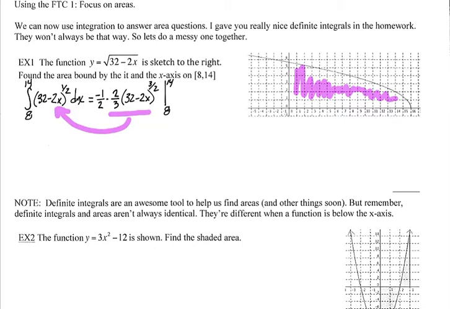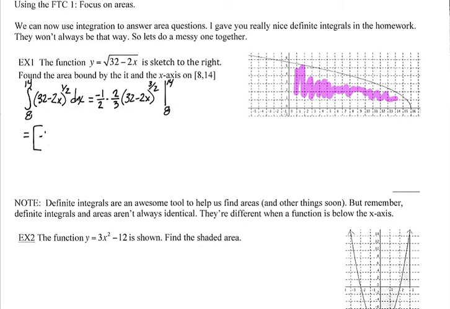And then when we evaluate that, this will be equal to the high end. The end of this is when x is equal to 14.